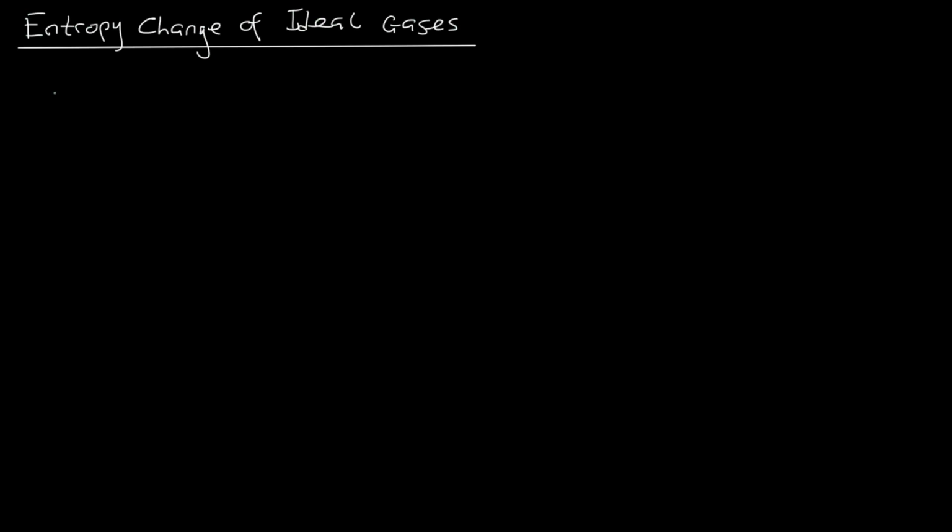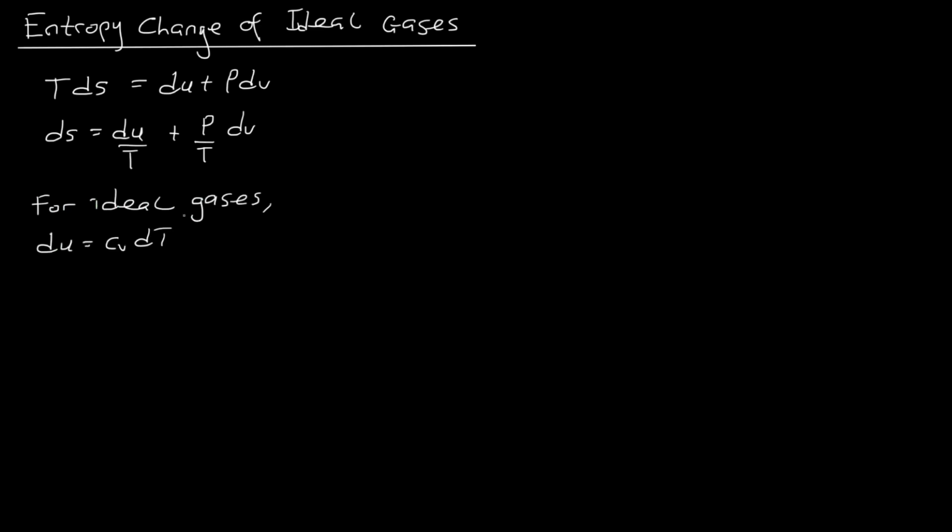We can use our TdS equations to obtain expressions for the entropy change of an ideal gas. Using TdS equals du plus pdv, we can rewrite this as ds equals du divided by T plus p over T dv. For an ideal gas, du equals Cv, the specific heat at constant volume, multiplied by dT, and the ideal gas equation Pv equals RT, which we can rewrite as P divided by T equals R divided by v.